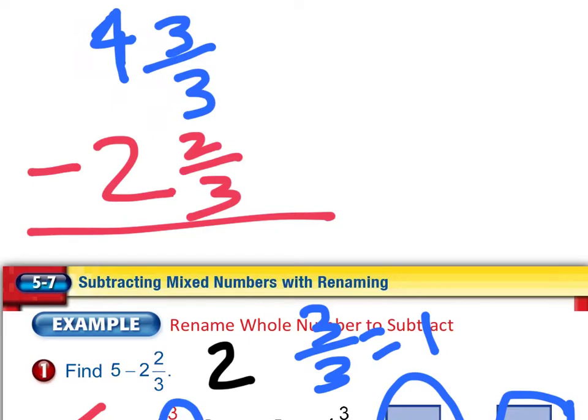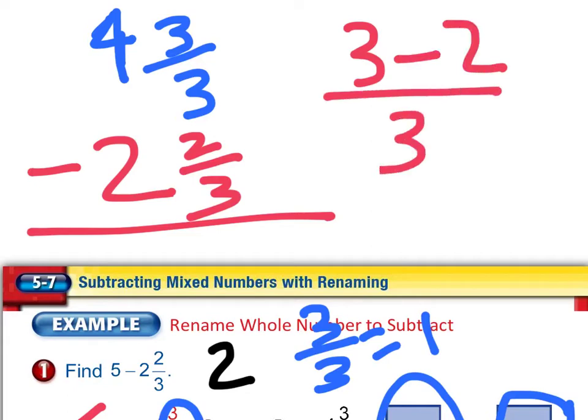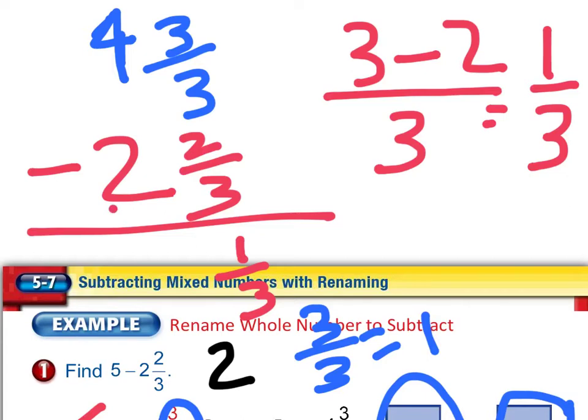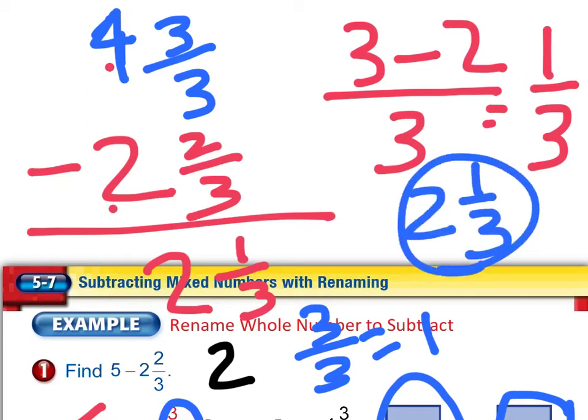I know that 3 minus 2/3 is going to equal 1/3. So my fractional part is 1/3, and now I need to subtract 2 from 4, which is 2. So my answer is 2 and 1/3, which is very close to 2, which was my estimate in the beginning.